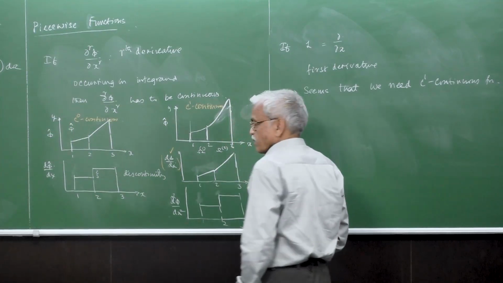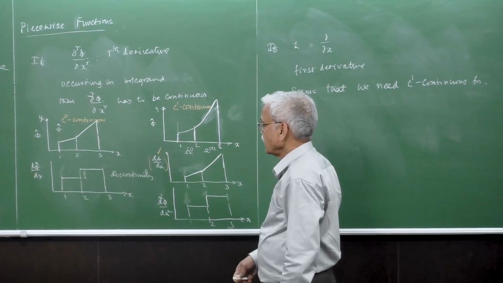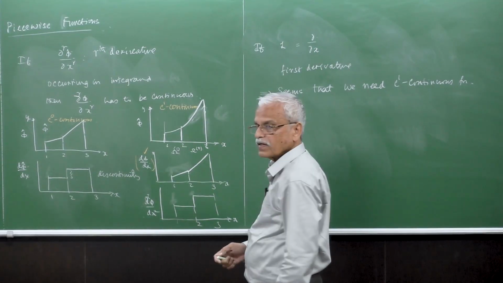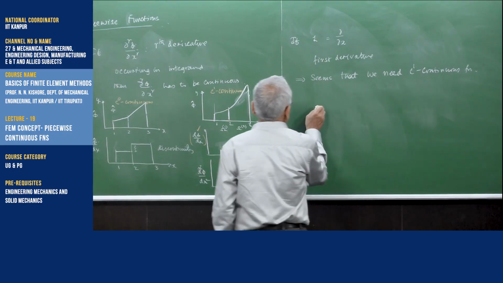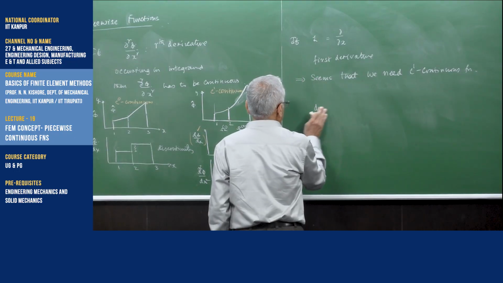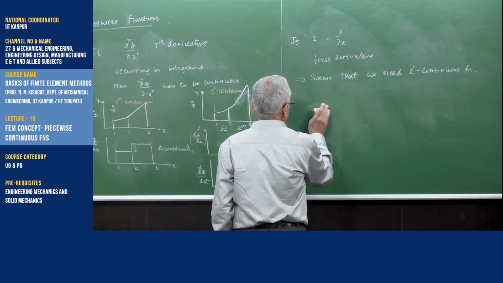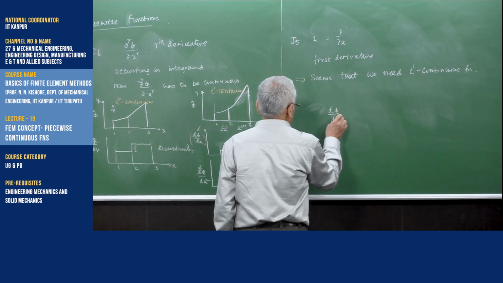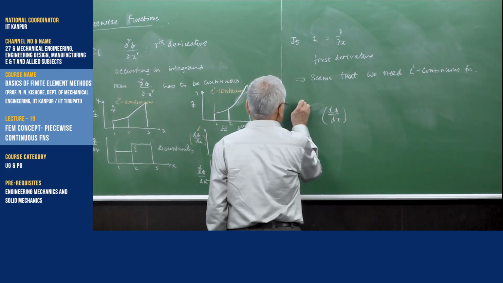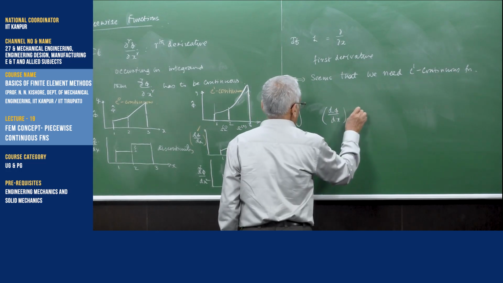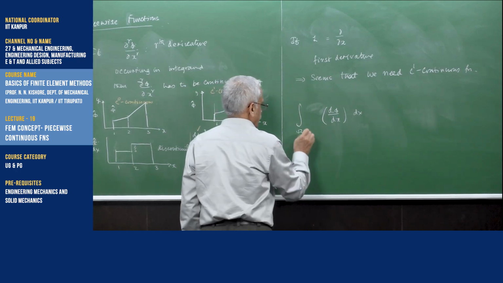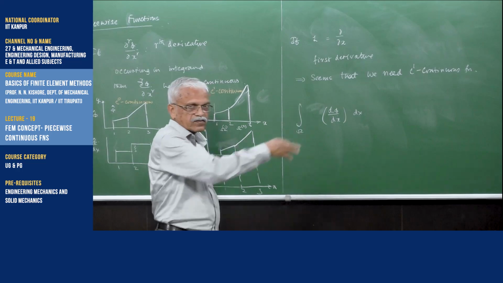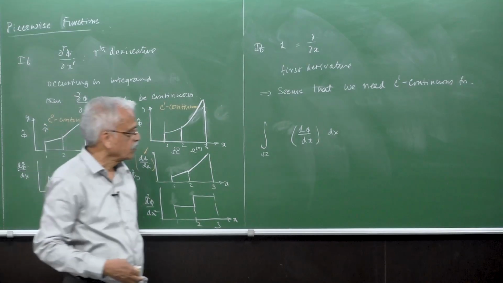For example, if we have d phi by dx here and want to integrate over the domain, there are d phi by dx, phi, and d phi by dx square and so on.